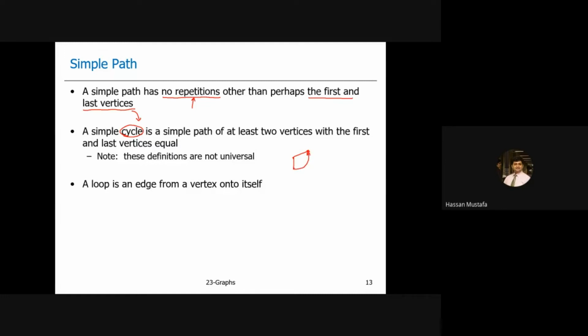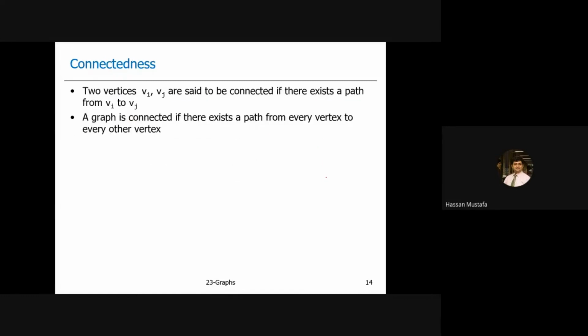So when we try to map this type of behavior on a graph, we would like to figure out the number of simple cycles, or maybe we are interested in the simple cycles that this person has taken. So there are applications of simple cycles as well. Then the next definition is of connectedness, that we already discussed.